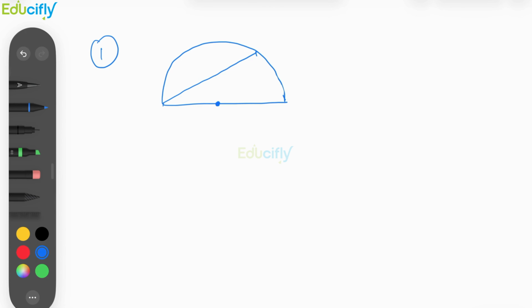If I am giving you this as A and C and this point is B, and I am not marking the center, then you cannot confirm that this is a semicircle. There should be a precise center mark over here, then only you can say that this is a semicircle. If this kind of dot is given, that means it is a semicircle. Now you can proceed with the further steps.